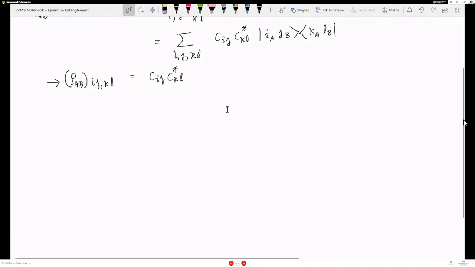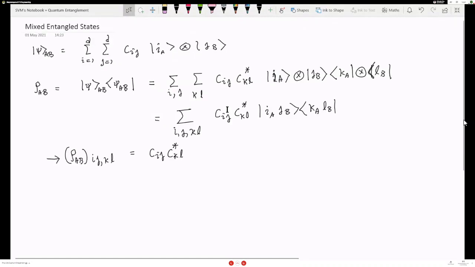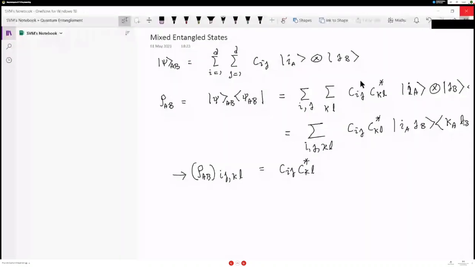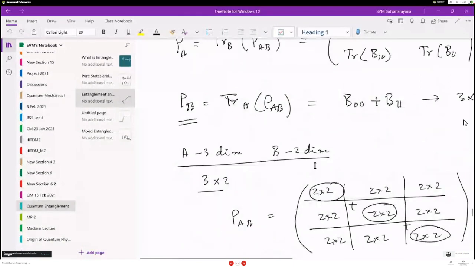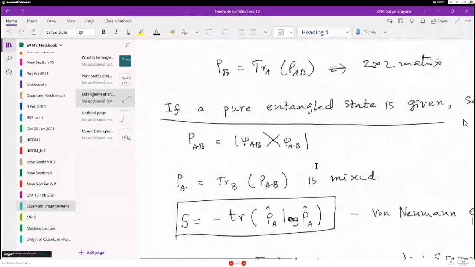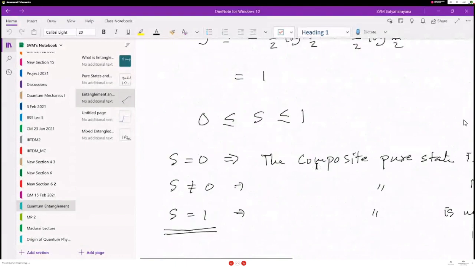In the previous discussion, we had this kind of a notation.